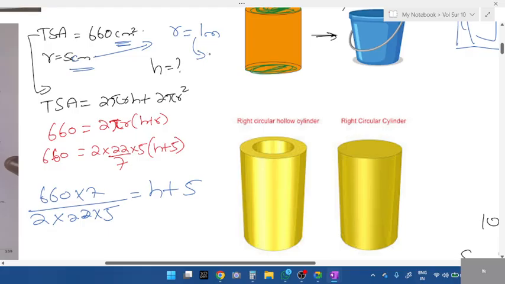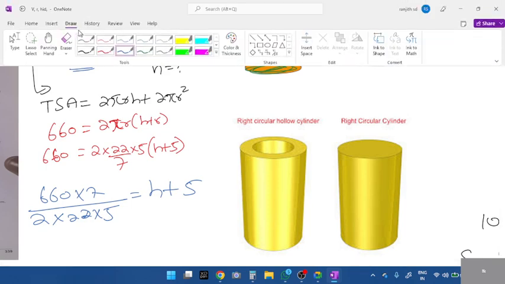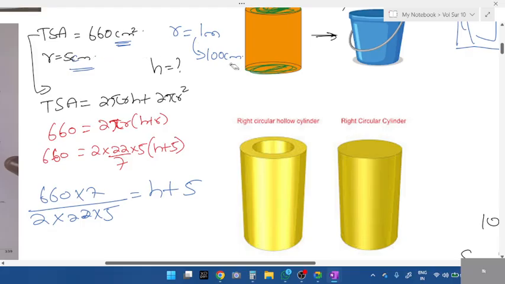All of you respond. 100. What would you have taken the radius as, 1 meter or 100 centimeter?